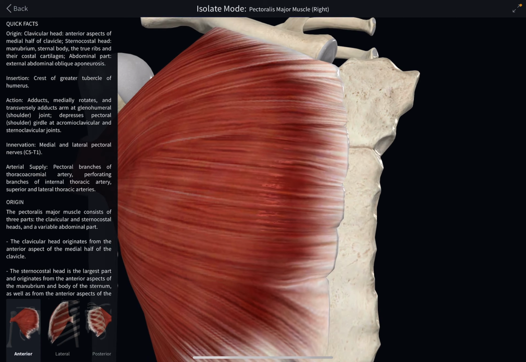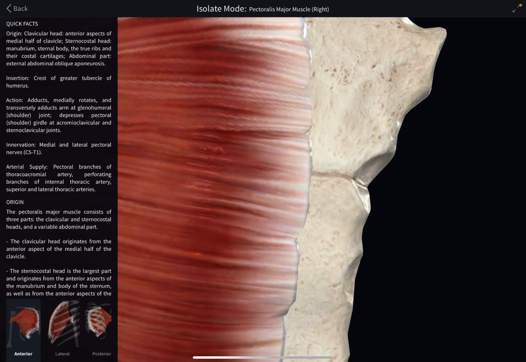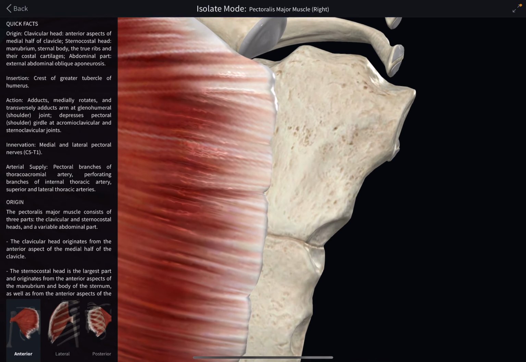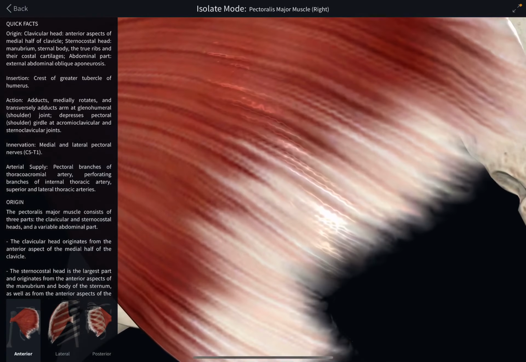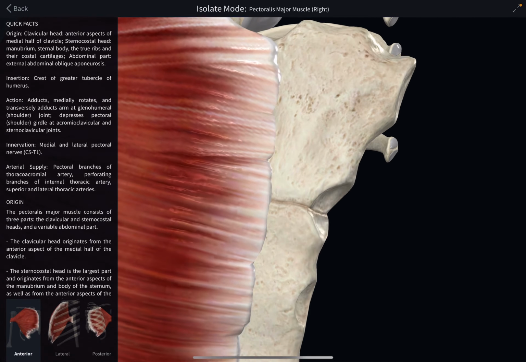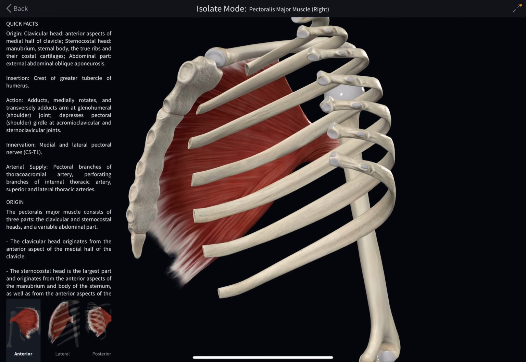It has fibers arising from the sternum and fibers arising from the costal cartilages. As you can see here, the manubrium is seen. The manubrium is the upper segment of the sternum. The middle segment is the body, and the lower segment is the xiphoid process. The sternocostal fibers arise from the anterior surface of the lateral half of the sternum up to the level of the 6th costal cartilage.